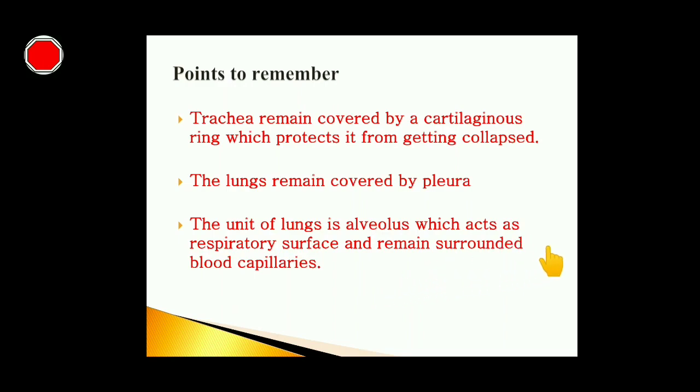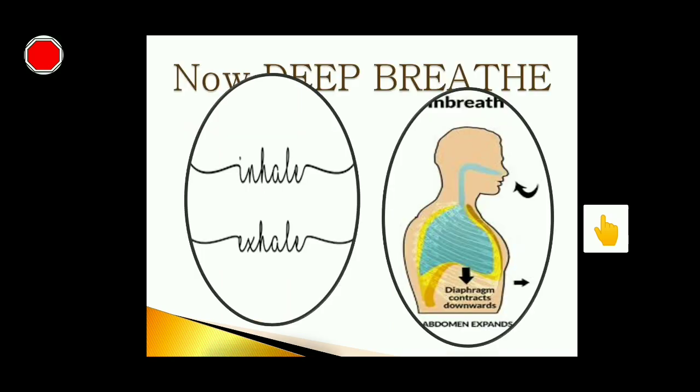Here I would like to add this: always remember that the respiratory surface, wherever it is, its wall should be thin and it should be highly supplied with blood. Okay, so this is all about the respiratory system.